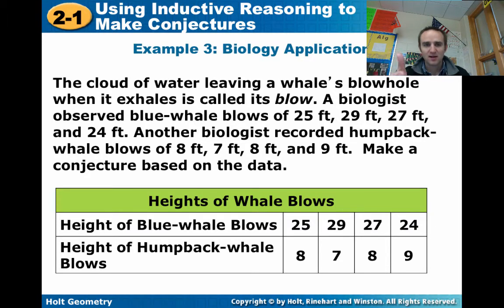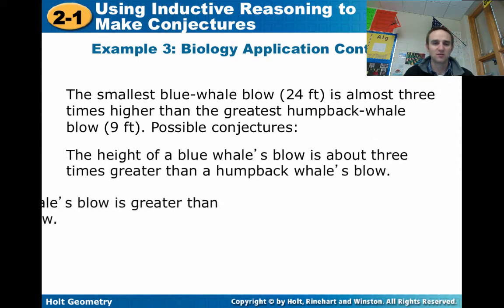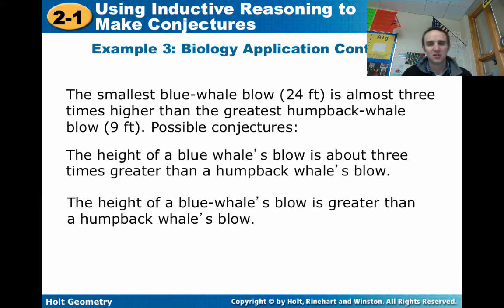Obviously, the height of the blue whale blows are higher than the height of the humpback whale blows. So there's our conjecture right there, is that the height of the blue whale is bigger than the height of the humpback whale. We could also be more specific and say it's about 3 times greater. Either one's going to be fine, but that is our conjecture. So you see our two possible conjectures there.